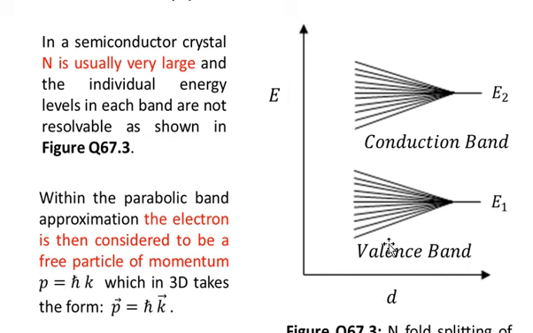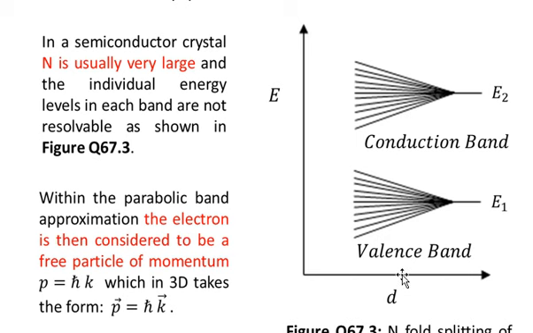When the atoms in the crystal are very close to each other, their ground state level will be split into many levels in the form of a band, which we call the valence band, and the excited state will also be split into many levels, forming a conduction band.